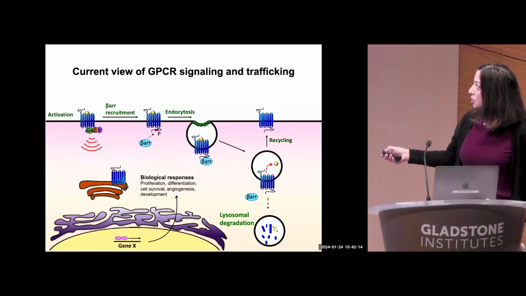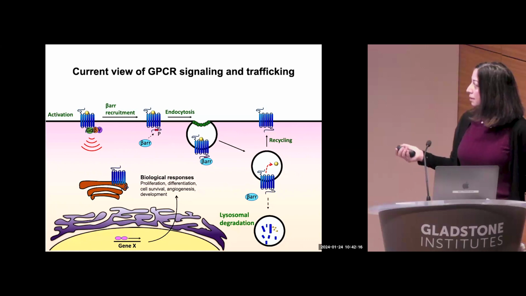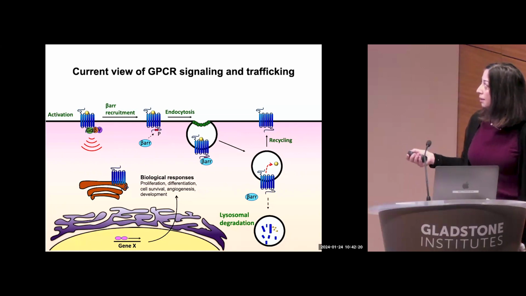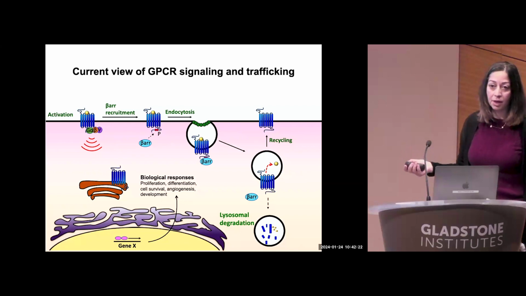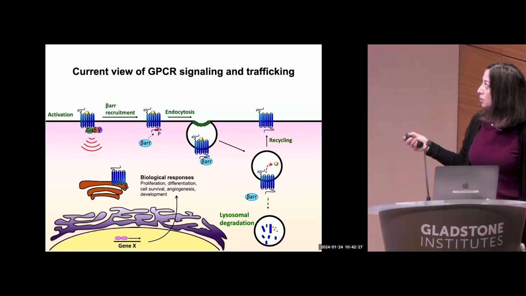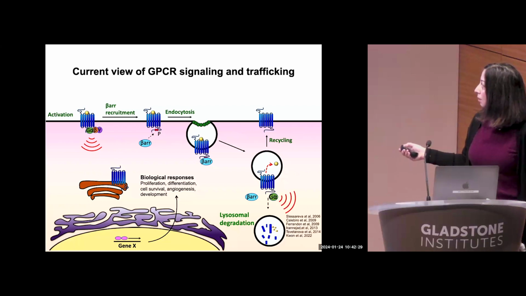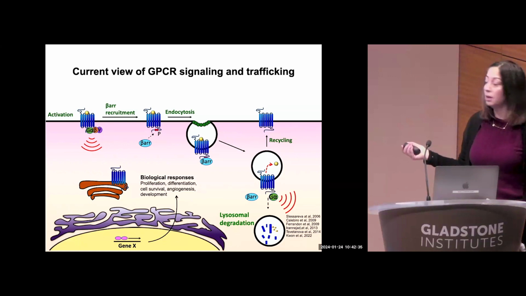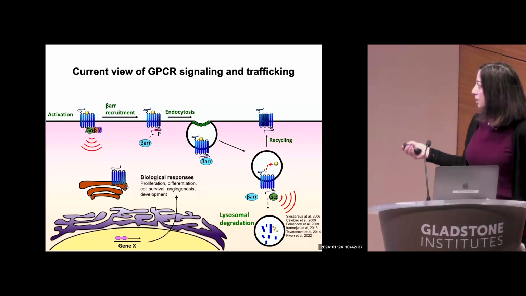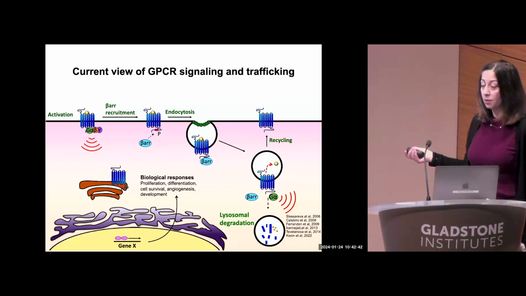I also wanted to mention that in the past 10 years or so, studies have shown that these receptors that were thought to be inactive inside of the cell are actually able to become activated in response to extracellular ligand. Initially, it was thought that endosomes are inactive, but studies, including from my own group, have shown that this receptor that exists in the endosome can also activate the cyclic AMP response from the endosomes.